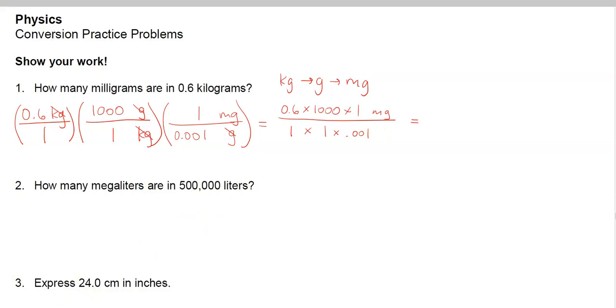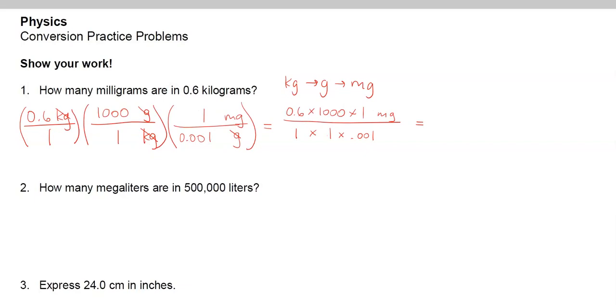Okay, so did you get a really big answer? You should have gotten 600,000. Okay, and I'm gonna put milligrams there. And then the last question I need to ask myself is, do I have the right number of sig figs?